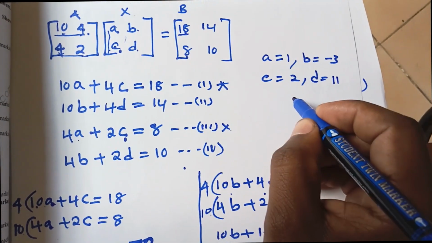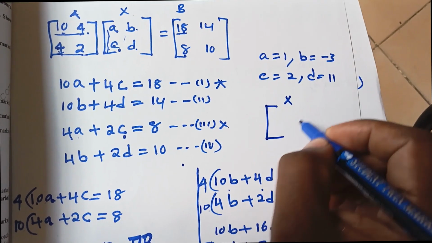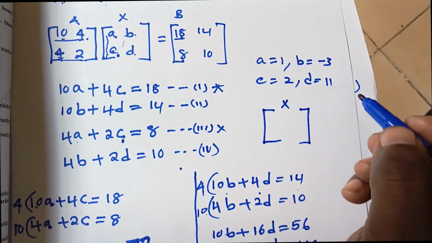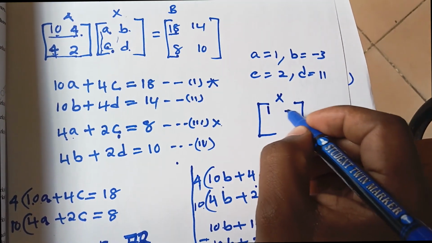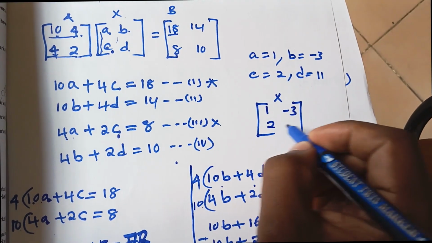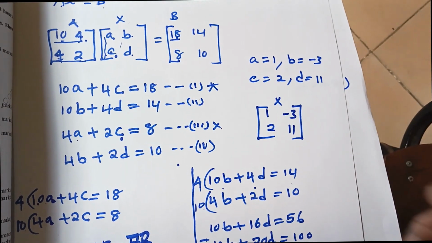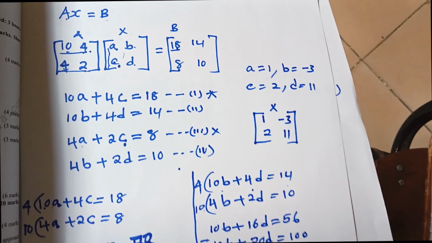So it is the same as saying these are the values of matrix X: 1, negative 3, 2, and 11. So that's how you solve this question.